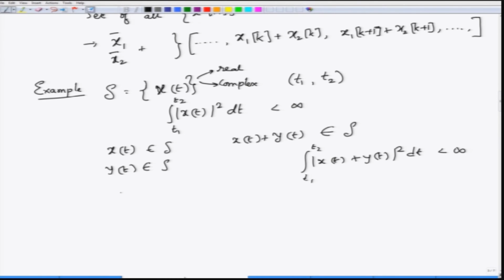Moreover, what would be the null vector here? The null vector will be 0 of t, which is defined as 0 for all time t between t1 and t2, right.